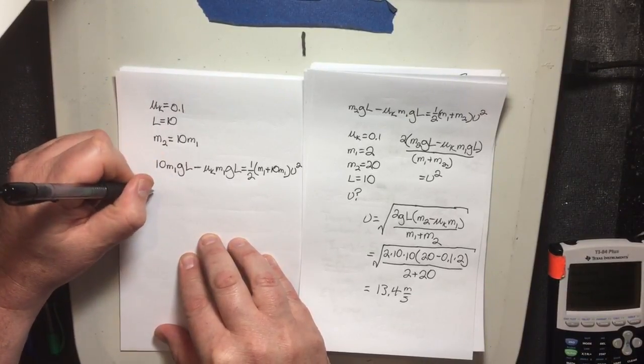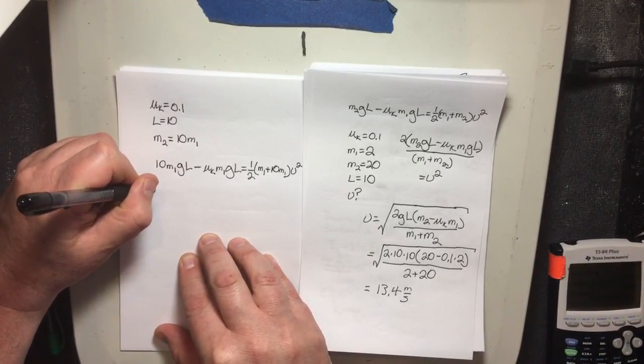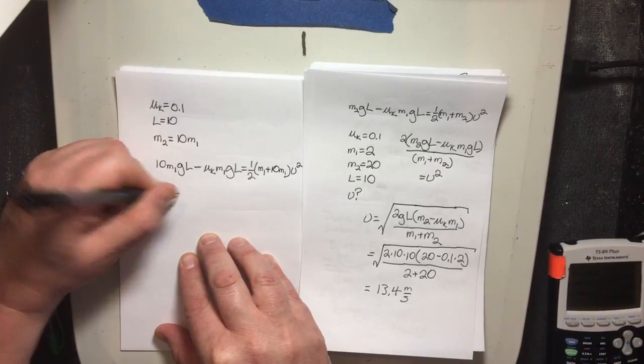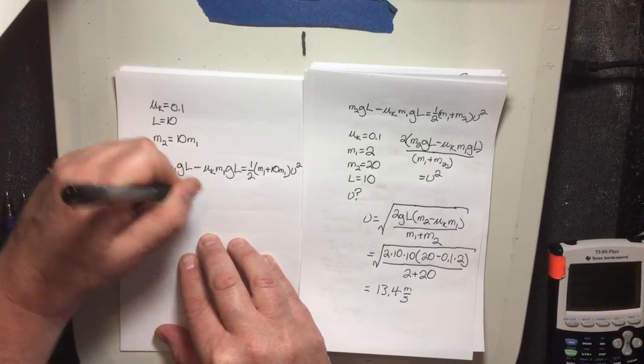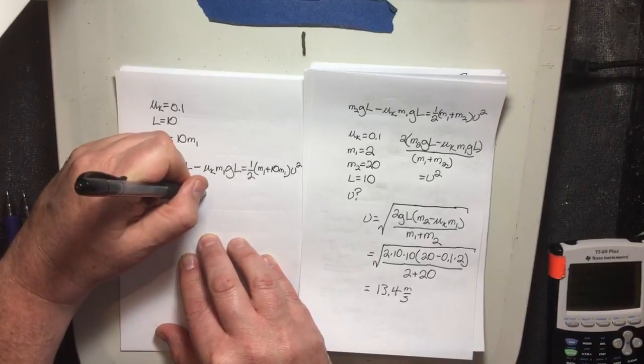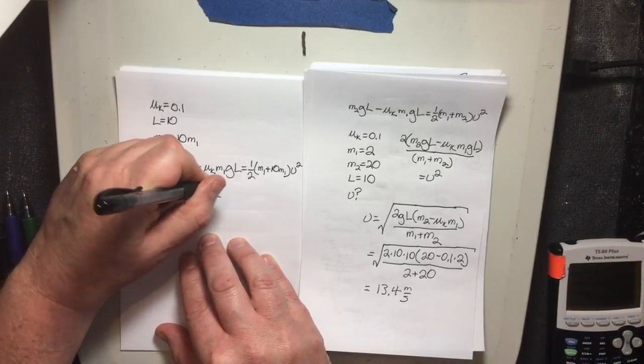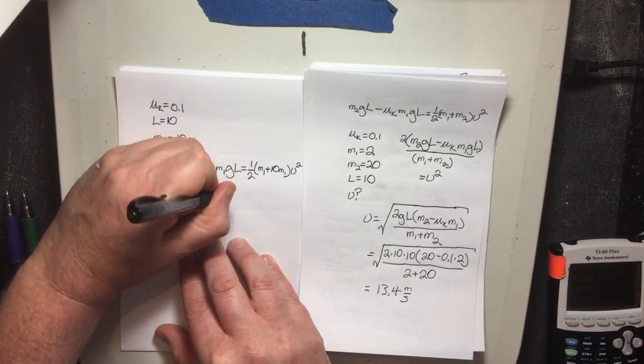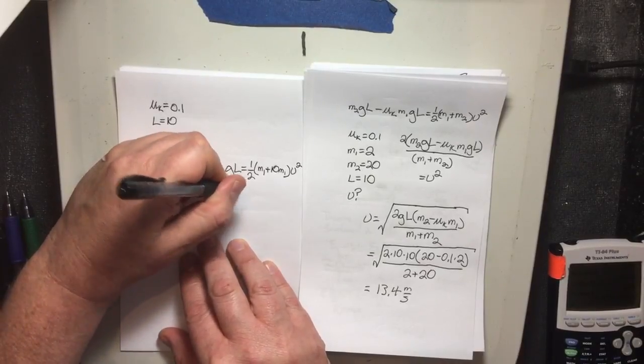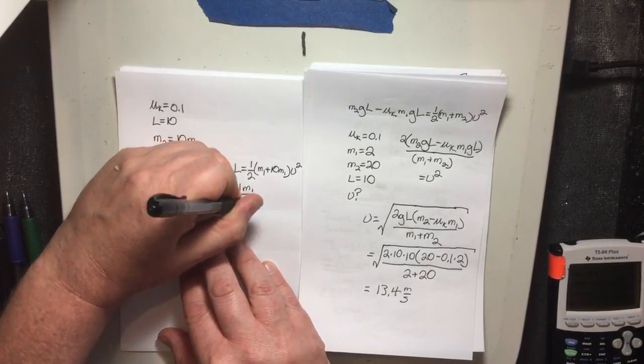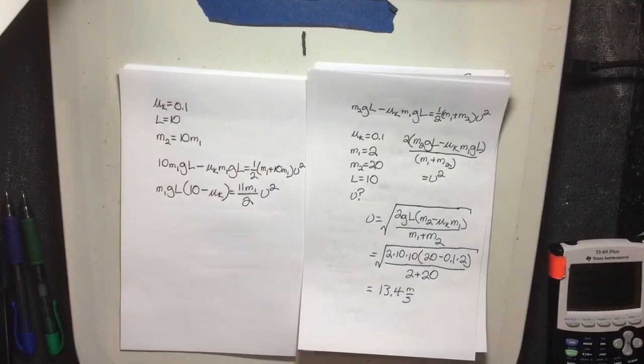Factoring stuff out, m1 GL times 10 minus mu sub k equals 11 m1 over 2 v squared.